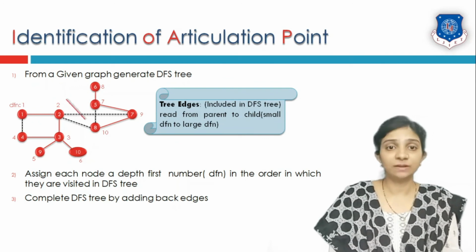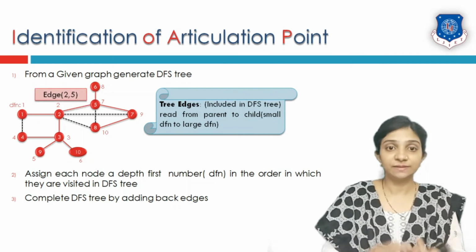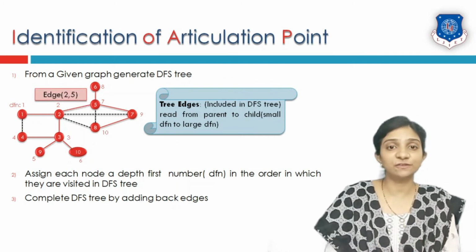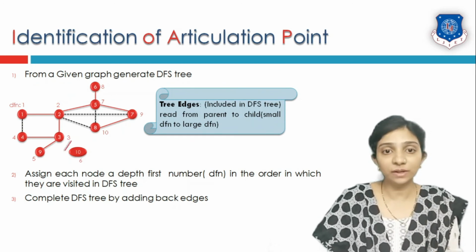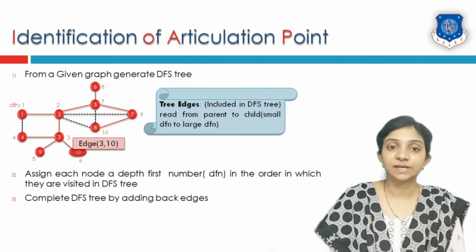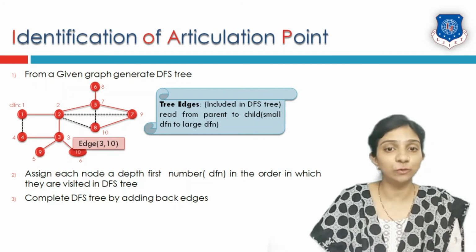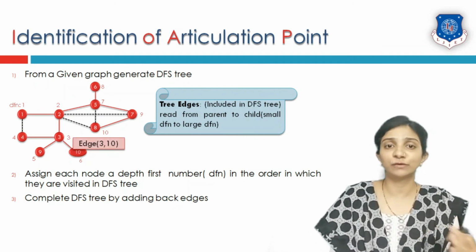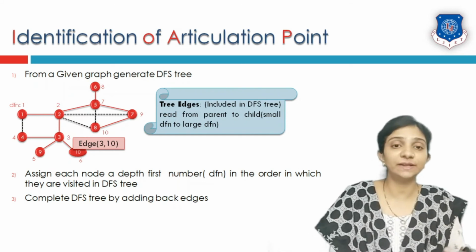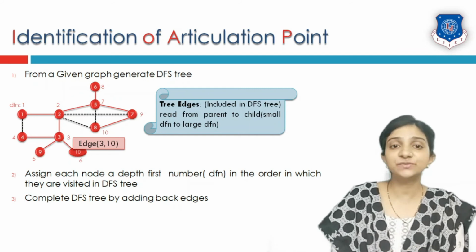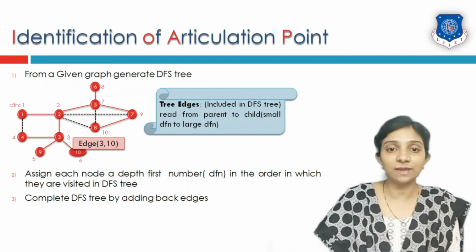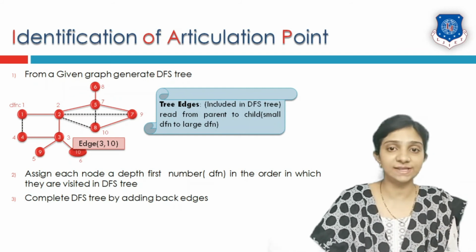Say for example, consider this particular edge. This edge is read from vertex 2 to 5, that is edge 2, 5. Or consider this particular edge. The edge is from 3 to 10. Why? Because vertex 3 has the lesser DFN and vertex 10 has the larger DFN. So the edge will be read as vertex 3, vertex 10 edge.